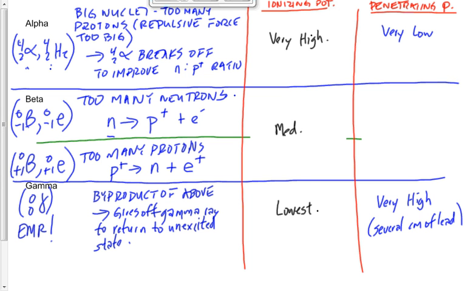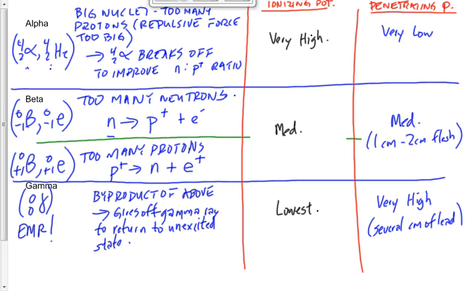Beta particles, they're kind of the fence sitters, right? We kind of ionize matter. Yeah, kind of. We're in the middle. We kind of have a low penetrating power, kind of high though, kind of in the middle. It's maybe a couple centimeters of human flesh.